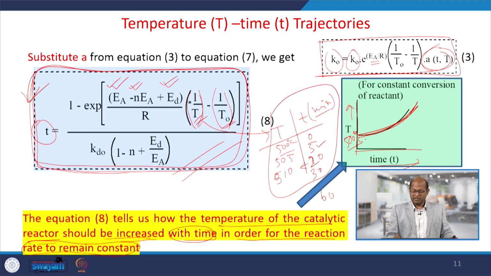Here the conversions, both places should be the same, this place and this place. The only change is the temperature of the reactor for that particular cracking reaction with progress of time, from now to 24 hours.